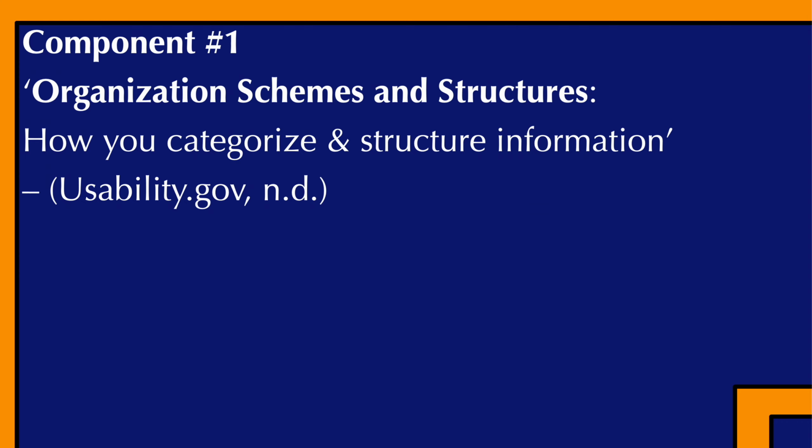Component 1, it's always good to start with the first one, is organization schemes and structures. Specifically, how do you categorize and structure information? By categorizing information, you put it all into these various buckets that are somewhat distinguishable based on that category versus others. And also the way you structure information is really important, so again, people can move their way through it.